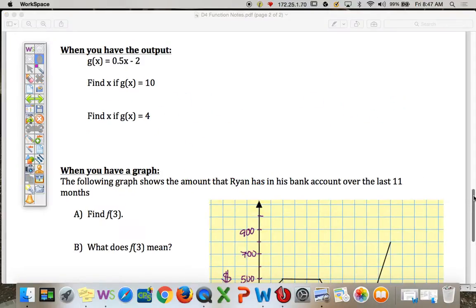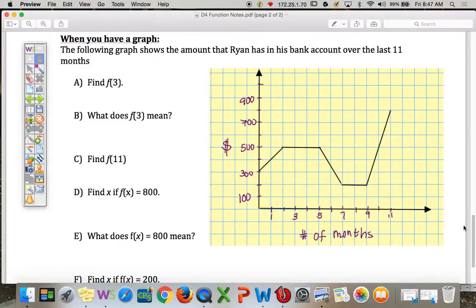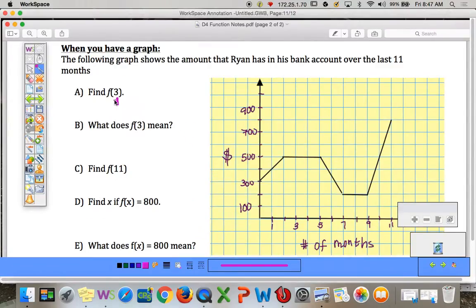Last thing, when you have a graph, how do you use function notation? The following graph shows the amount that Ryan has in his bank account over the last 11 months. Find f of 3. So f of 3, this is the x value right here. So find when x is 3, go up and over. He has $500 in his account.